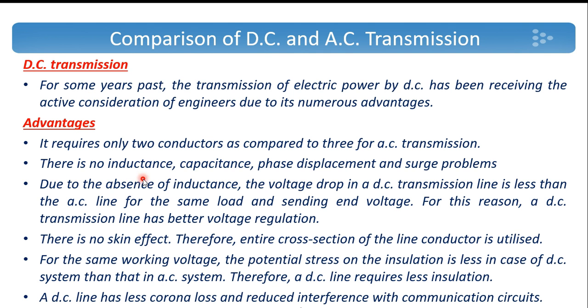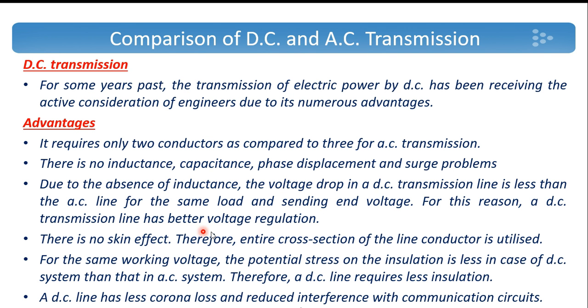And also there is no inductance, capacitance, phase displacement and also surge problems. Due to the absence of inductance, the voltage drop in the DC transmission line is very much less than in an AC line for the same load and sending end voltage.